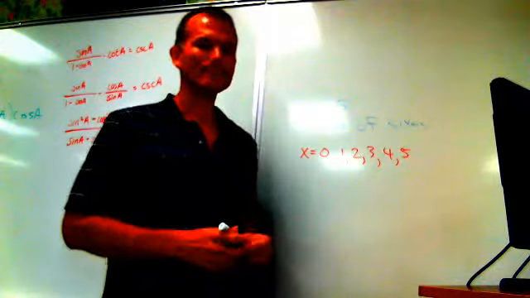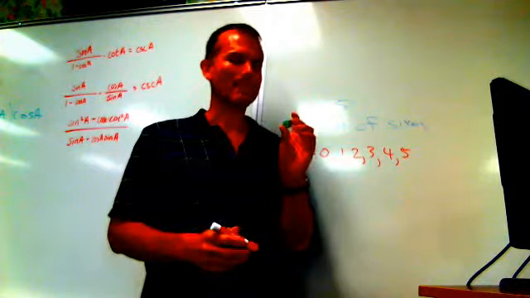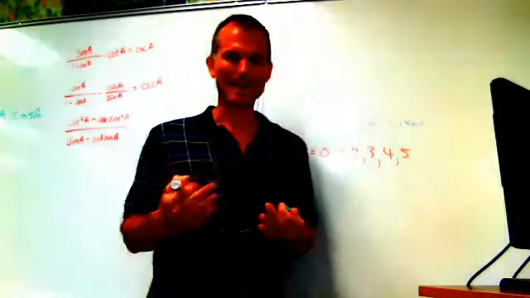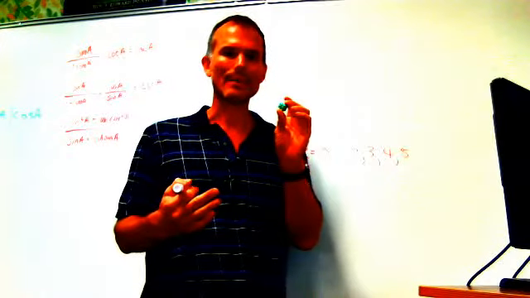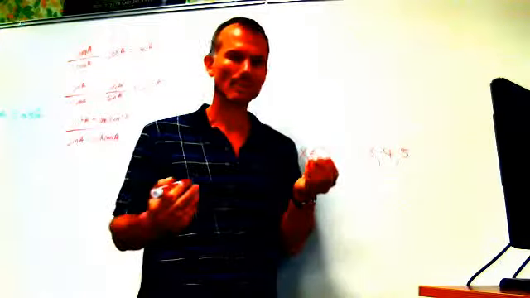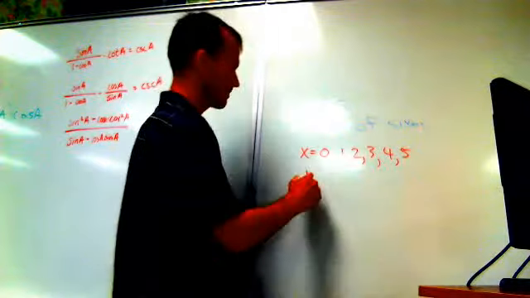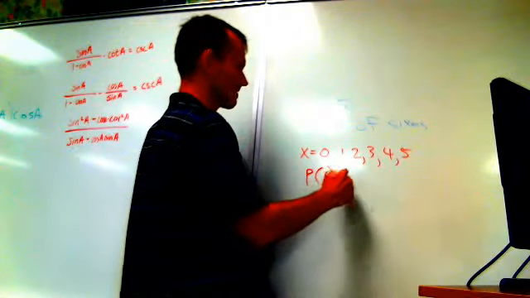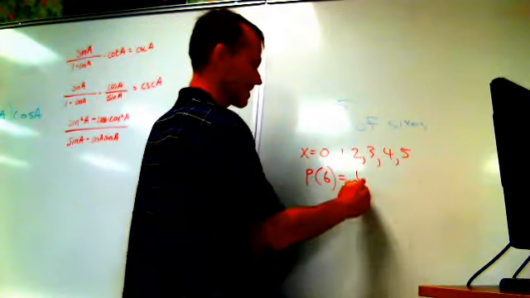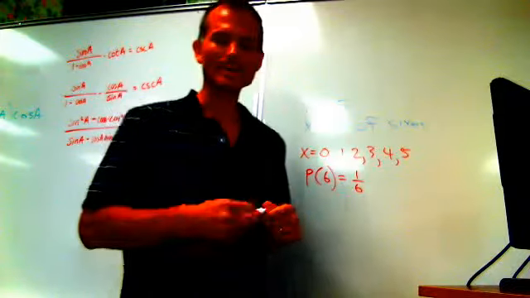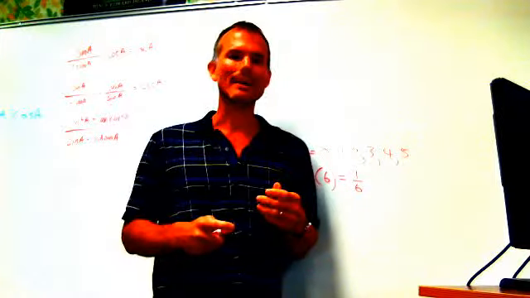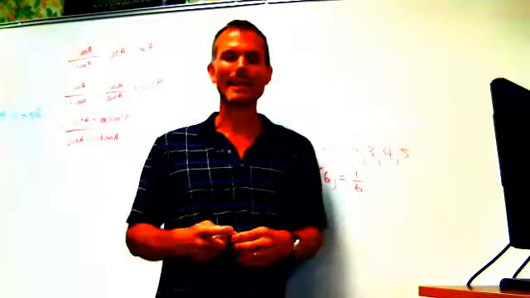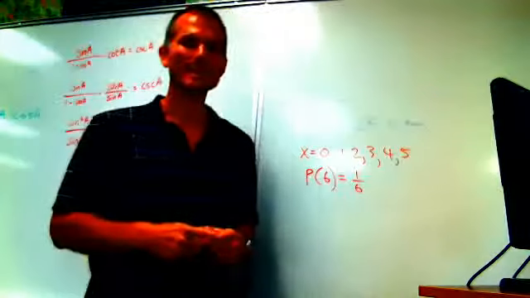Now, here's another key. Think about the probability on any one trial that this die will land on a 6. Well, the probability of it landing on a 6 would be 1 out of 6. 1 good outcome, a 6, out of 6 total possible outcomes. So the probability is 1/6.